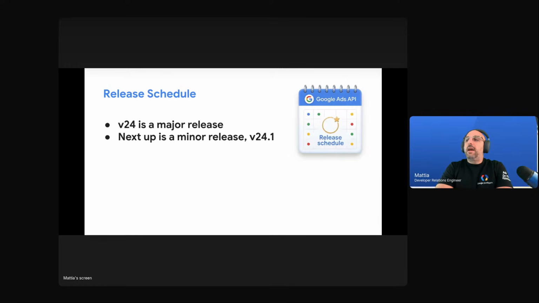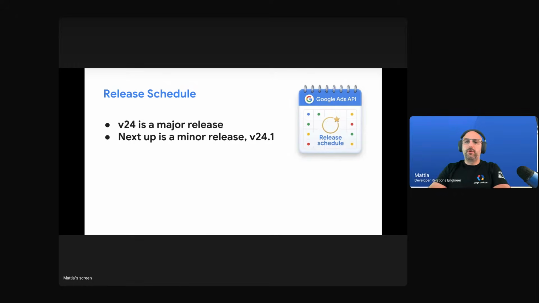The other main difference between a major release and a minor release is that when v24.1 comes out next month, you're not going to be upgrading to v24.1, but if you upgrade, say, from v20 to v24, you will get all the features that are in v24.1. So a major release is what you upgrade to, whereas a minor release is the set of features that are included in that major release when they come out.